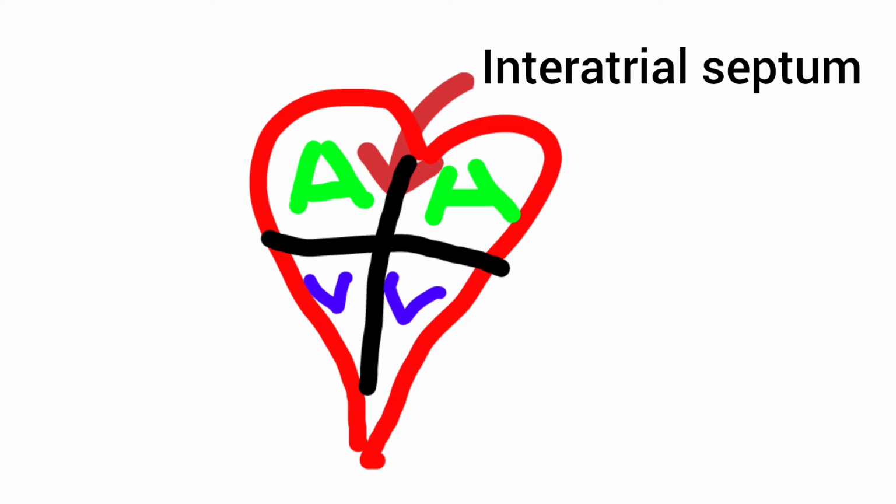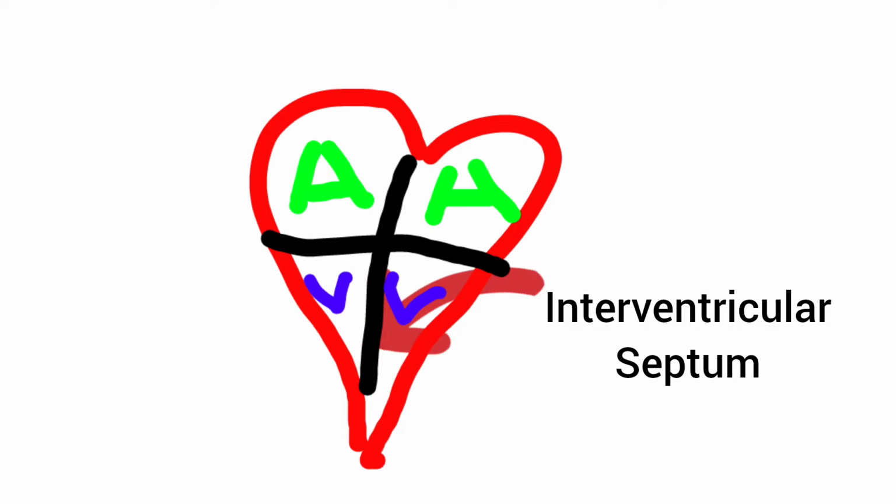And then again, the wall that is between the ventricles, we'll call it interventricular septum. We have this septum which separates the right and the left atrium, and the right and the left ventricle.